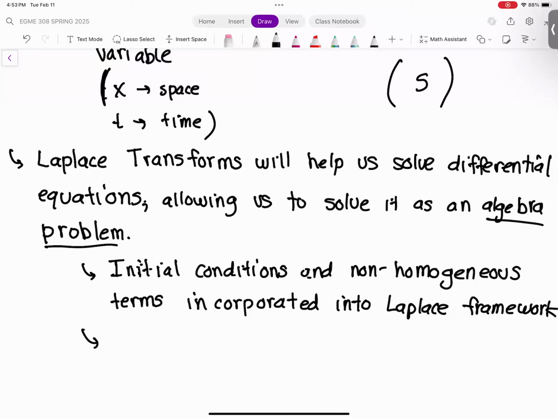The other main benefit that we'll see is that we're going to be able to utilize different kinds of forcing functions or different kinds of non-homogeneous terms that we haven't been able to use before. And in particular, these non-homogeneous terms that we can use are actually quite common in engineering practice.